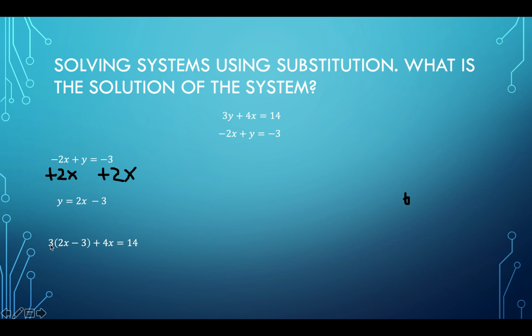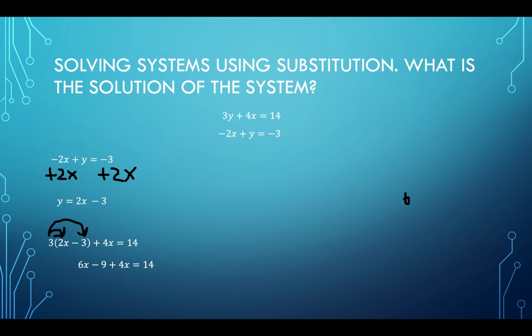Now it becomes 3 times, in parentheses, 2x minus 3, close your parenthesis, and just rewrite the rest of this equation, plus 4x is equal to 14. Now we take this 3 and multiply it by the 2x, and then multiply it by the negative 3. So we get 6x minus 9 plus 4x is equal to 14.